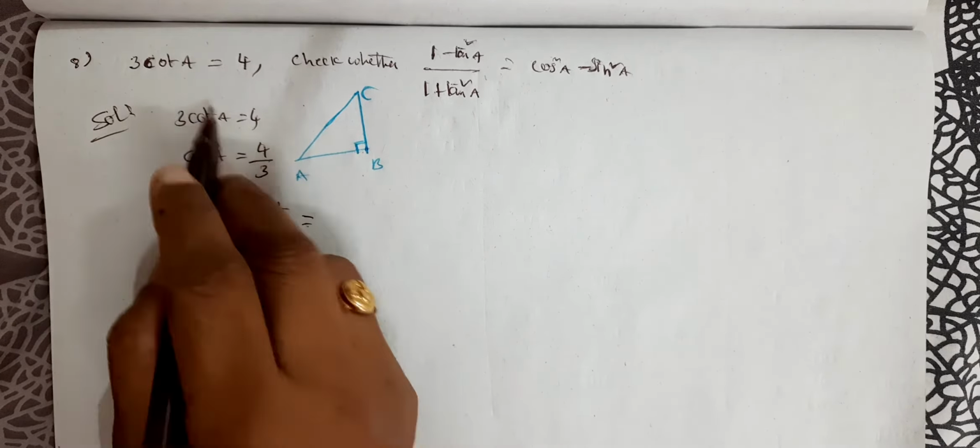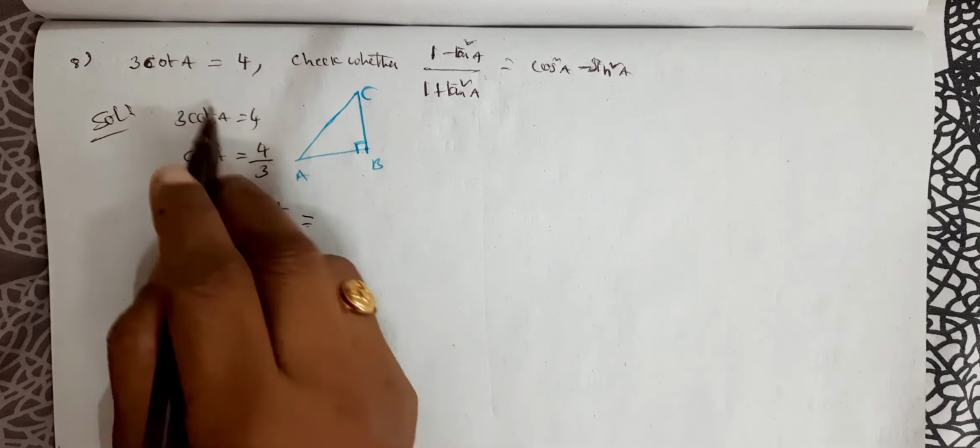Now we have to find out AC. That can be determined by Pythagoras theorem. From Pythagoras theorem you have AC is equal to root of AB square plus BC square. Which is equal to 4k whole square plus 3k whole square.